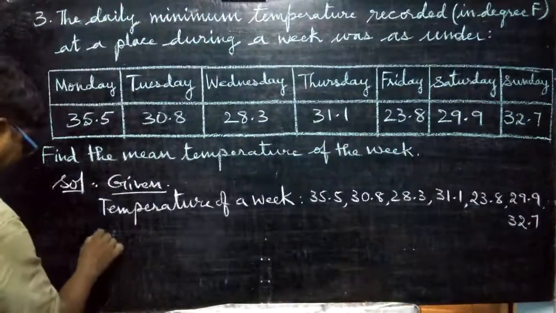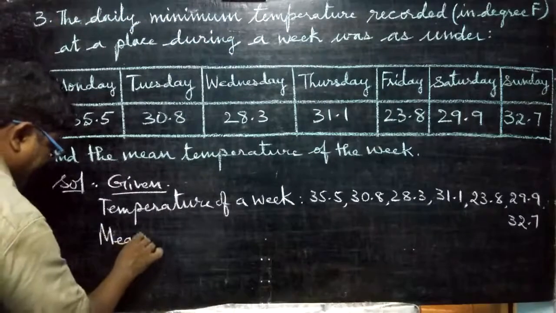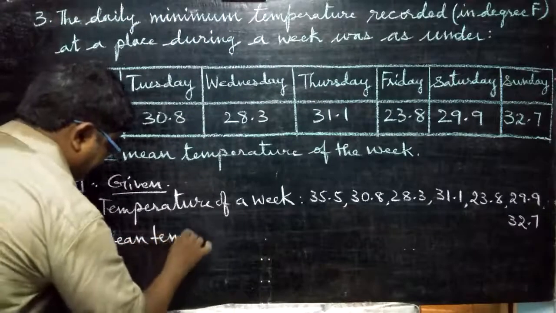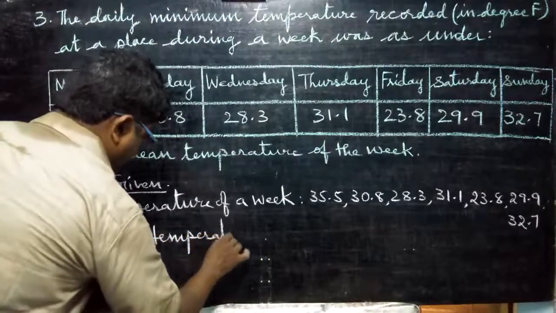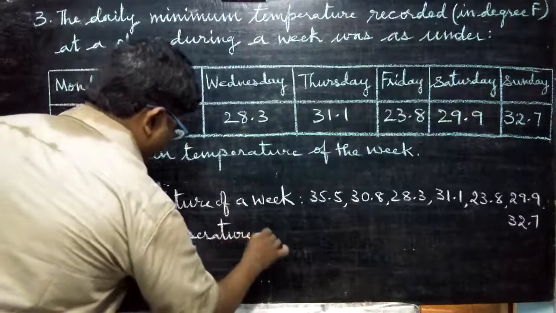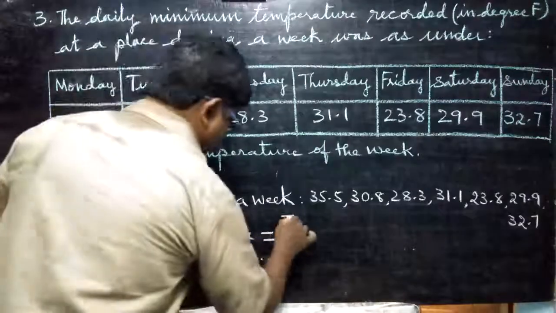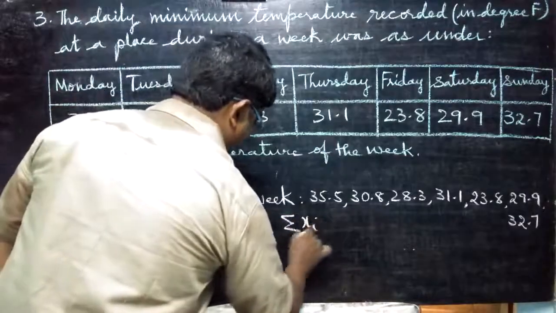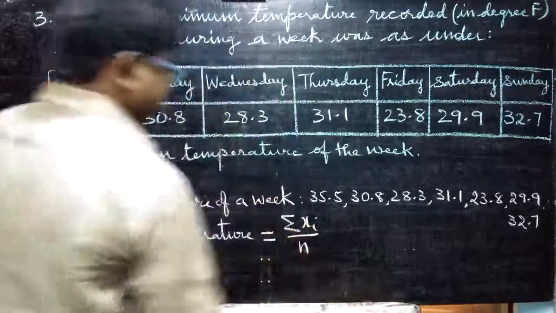Now they are asking to find the mean temperature. Mean temperature, or you can write only mean also, no problem. Mean is equal to sigma xi by n.